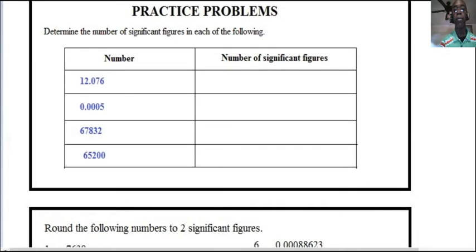Now, let us determine the number of significant figures in each of the following numbers. You may pause the video and try these problems on your own before looking at my solutions.